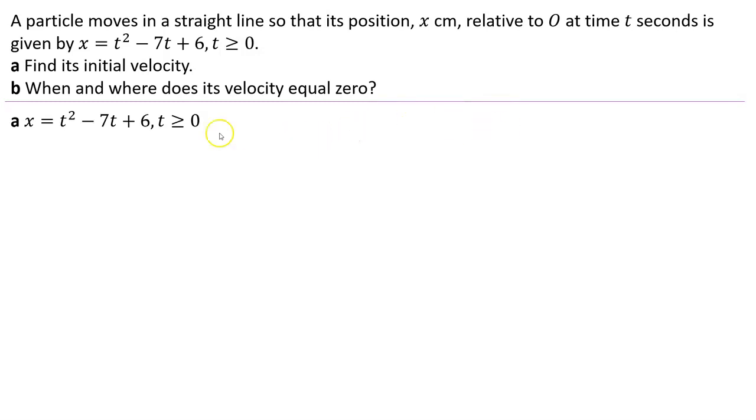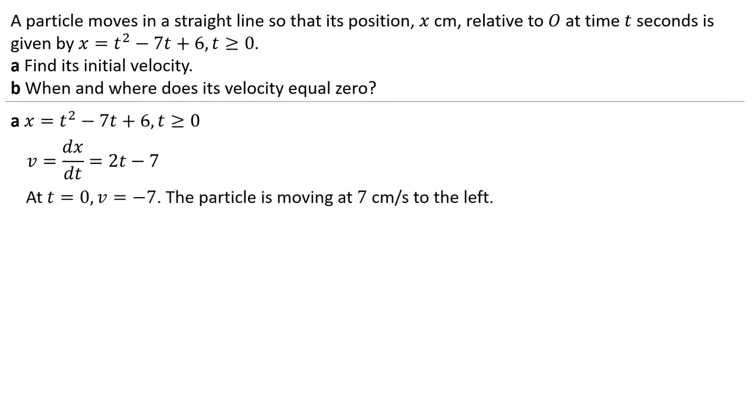So here is my displacement function. My velocity is the derivative of this, so I write what that's equal to. This is measured in centimetres per second. Initial velocity means when t equals 0, at the beginning of when the time is being measured.